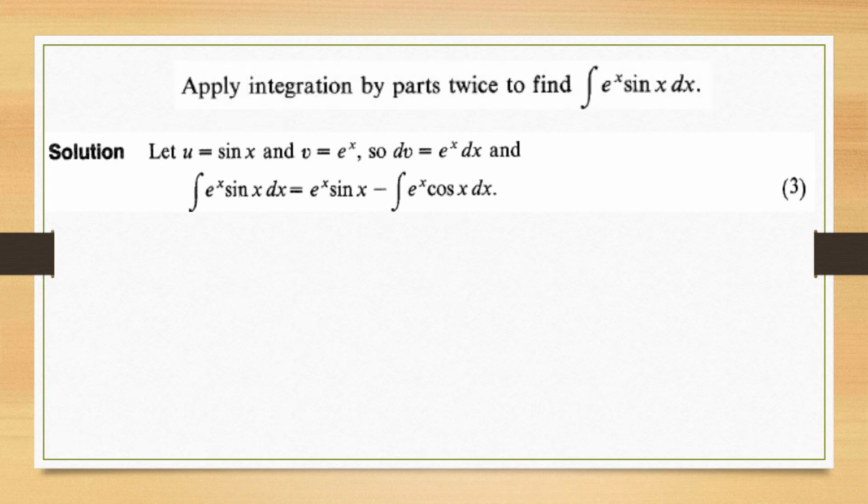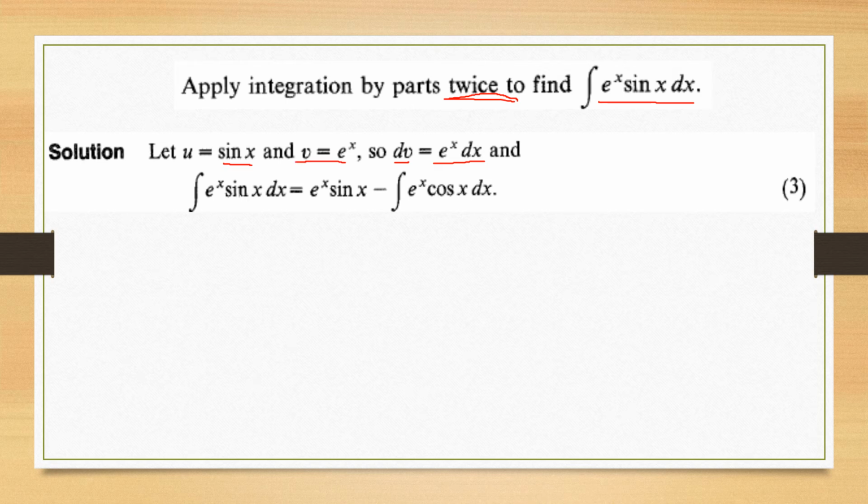Applying integration by parts twice, we will implement this method two times to find the solution of e power x sin x. Let's select u as sin x, while dv is e power x dx, and definitely v will be e power x, which will be used later on.